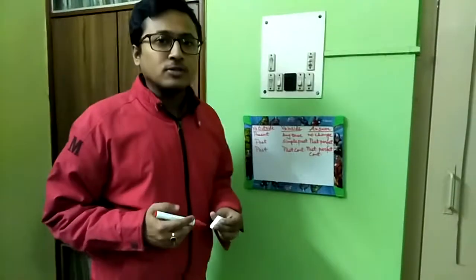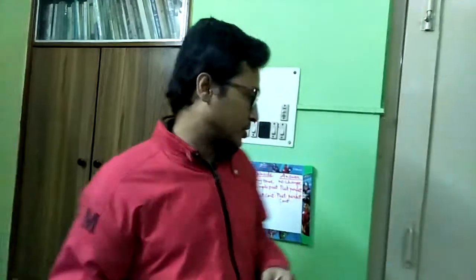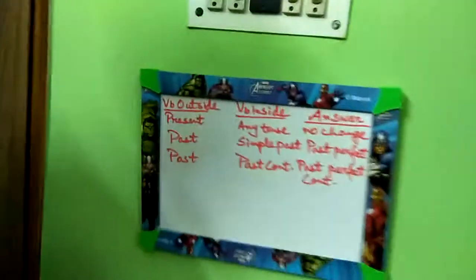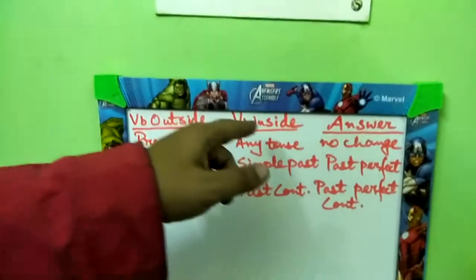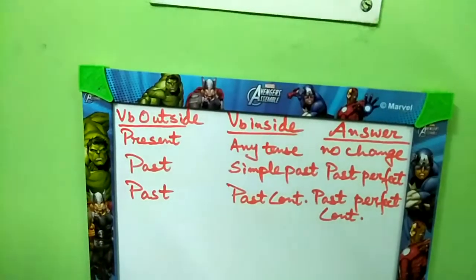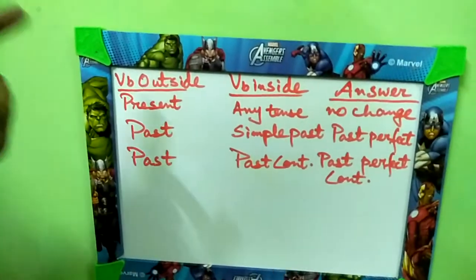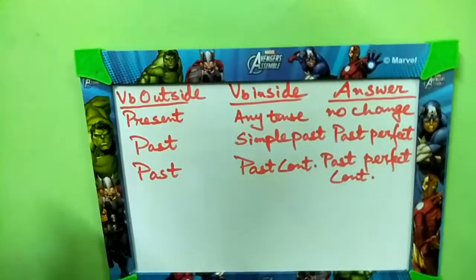These are the formulas which you need to remember to convert a sentence from direct speech to indirect speech. I have made 3 columns: verb outside, verb inside, and answer. Verb outside means the verb which is used outside of the inverted commas.